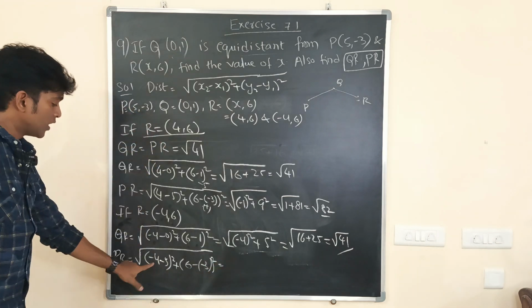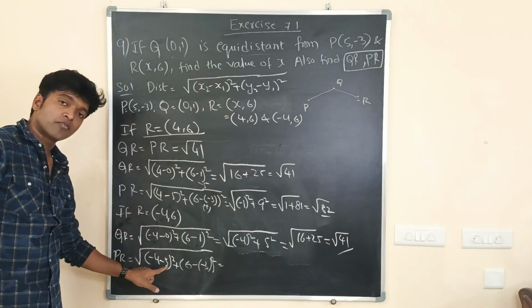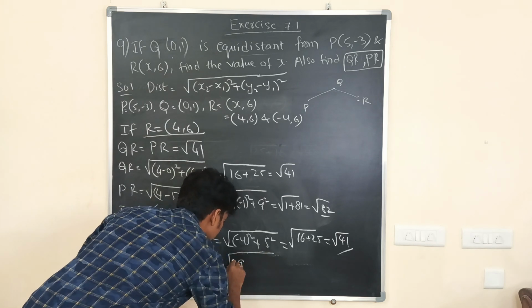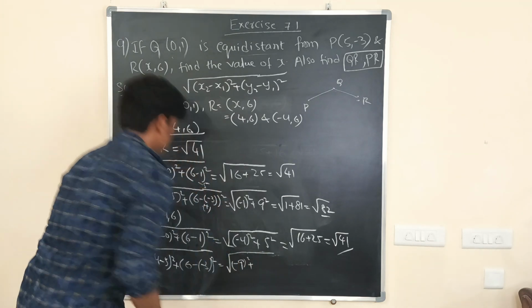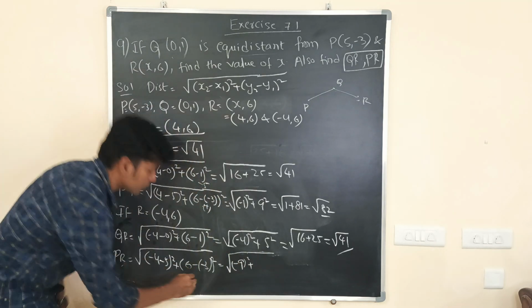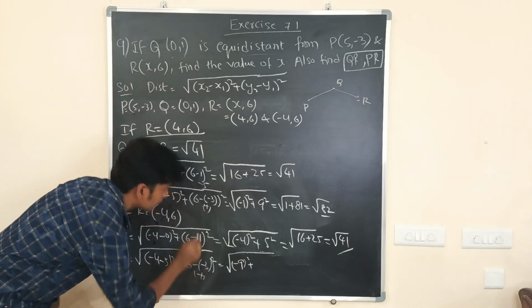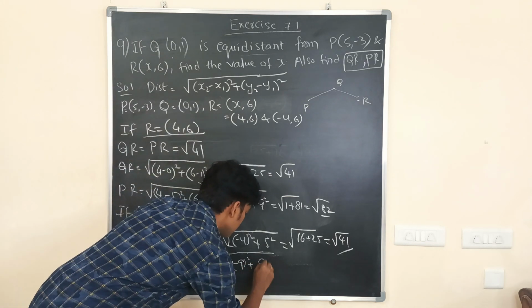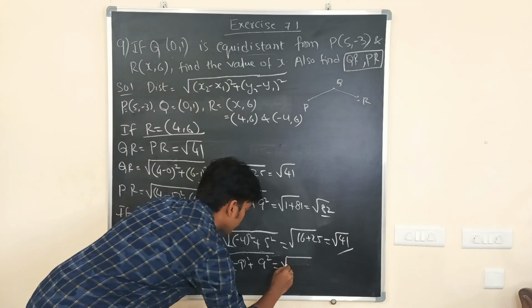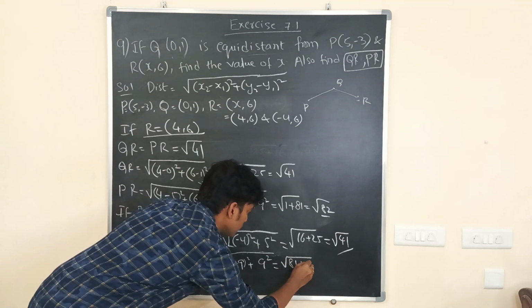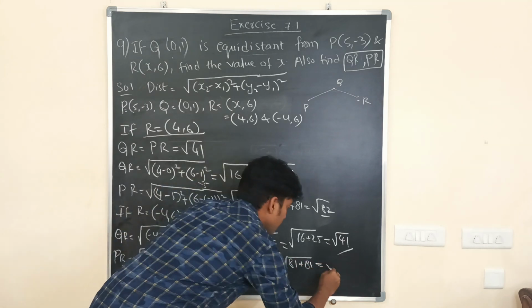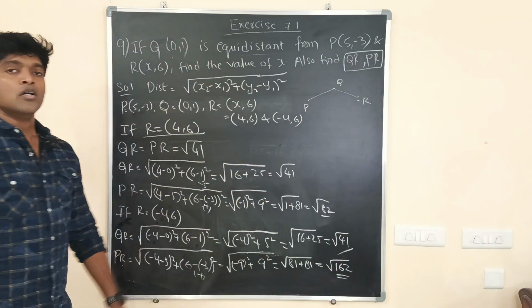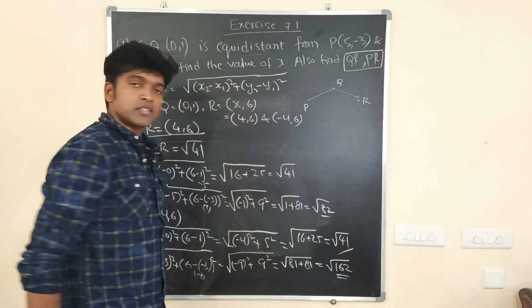That is minus 4 minus 5 means minus 9, whole square, plus 6 plus 3, 9 whole square. Square root of 81 plus 81 is equal to square root of 162. So this is the answer.